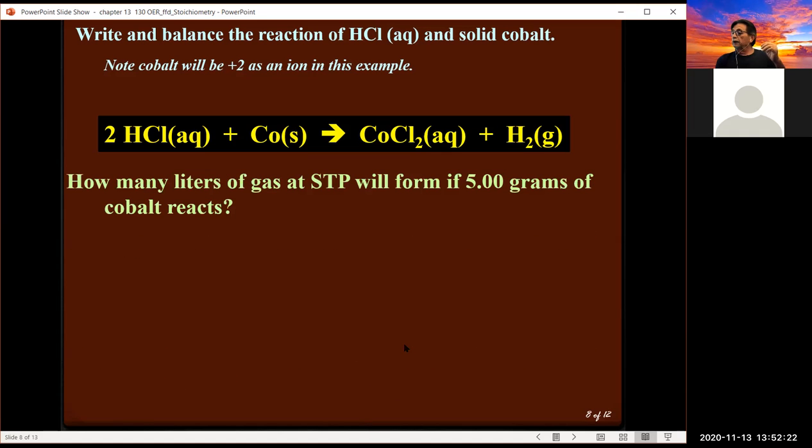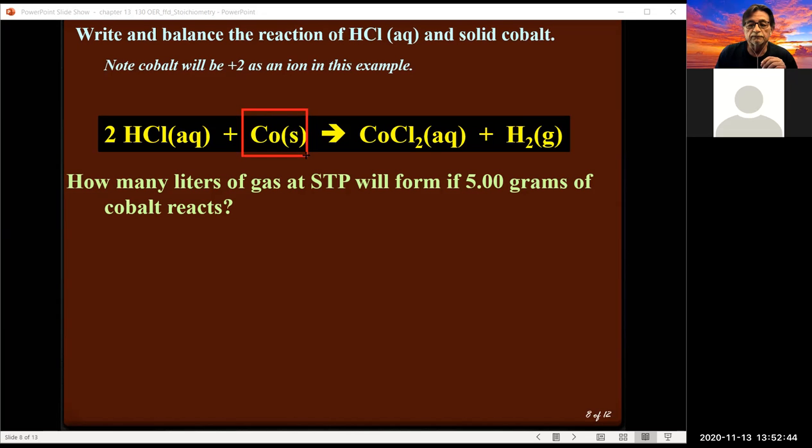Now, the question here says, how many liters of gas at STP will form if 5 grams of cobalt reacts? And so our only concern is cobalt and hydrogen.